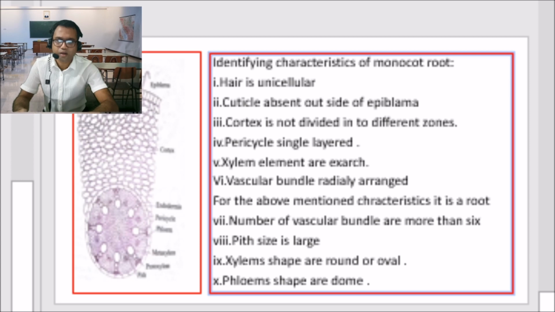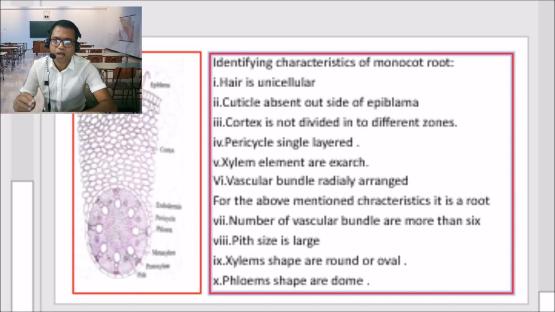At first we can see that on the outer portion of this section there is a hair, root hair. Here this hair is unicellular, so we can write down that this hair is unicellular.